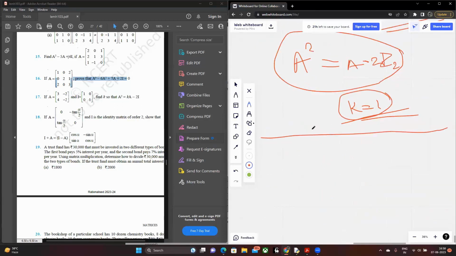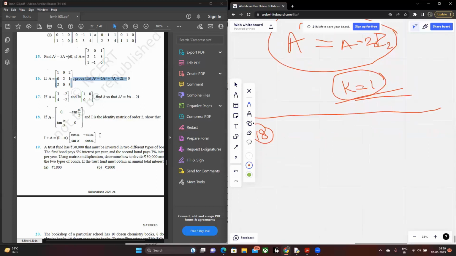Question number 18. If A is 0 minus tan alpha by 2, tan alpha by 2 0, and I is the identity matrix of order 2, show that I plus A is equal to I minus A into cos alpha minus sin alpha, sin alpha cos alpha. What I can do over here is basically use the half angle formula to prove this.